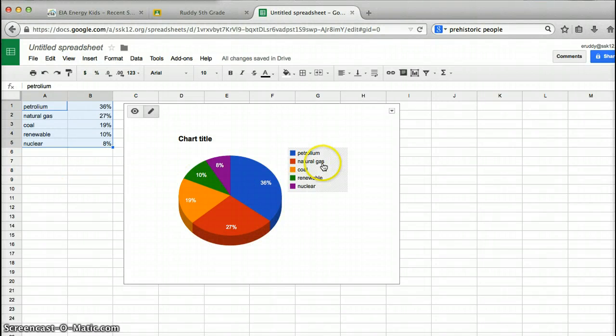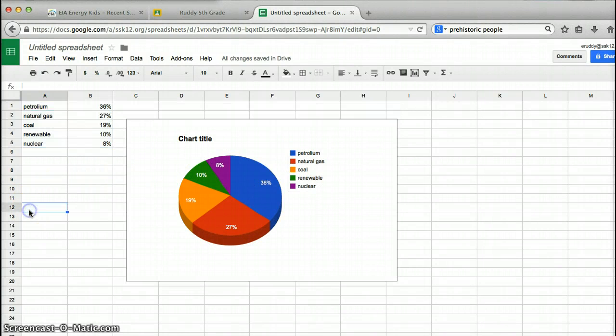Then when you go to make your next graph, all you have to do is keep it in column A, column B, and you could put the next words in A, so words and resources, whatever they are, and then numbers in column B. And then you highlight them again just like we did, and you create your next graph.